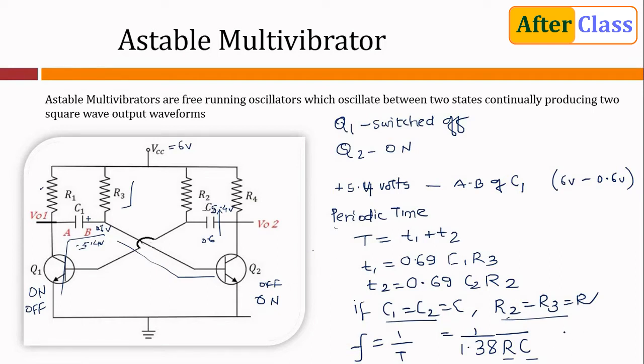Another thing is R is expressed in terms of ohms, capacitor in terms of farads, and frequency in terms of hertz. Now what if I want to change the frequency? I have to either change the value of R or C accordingly.